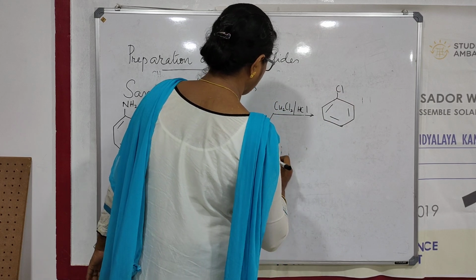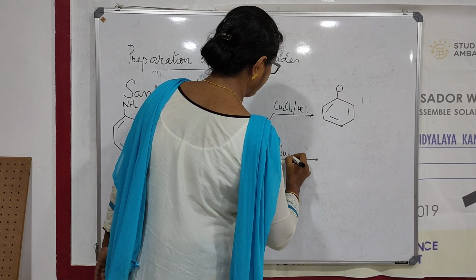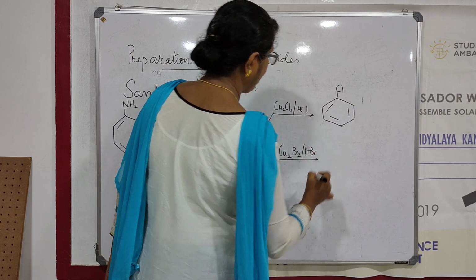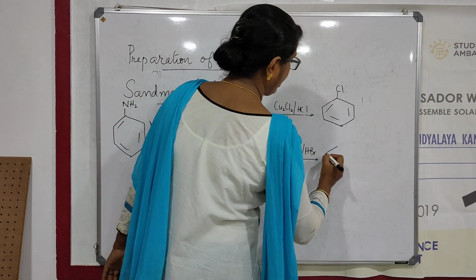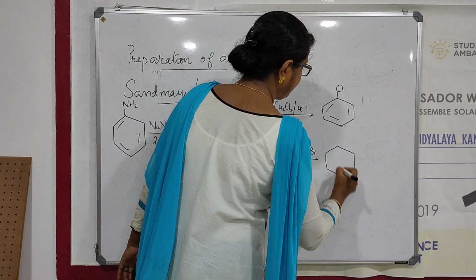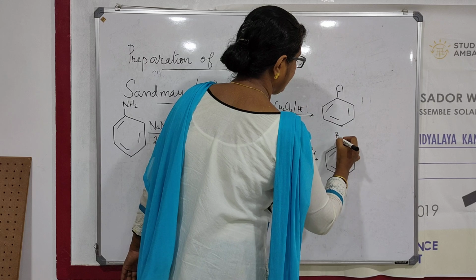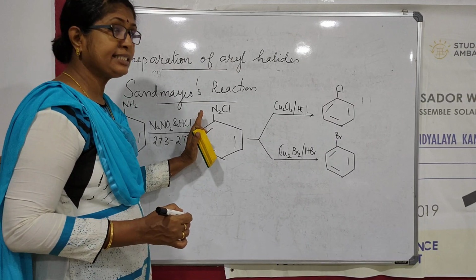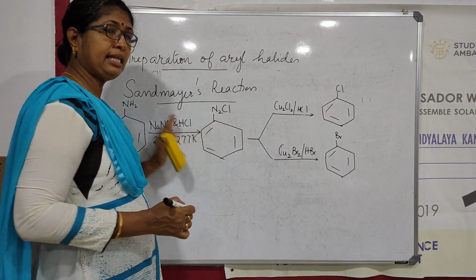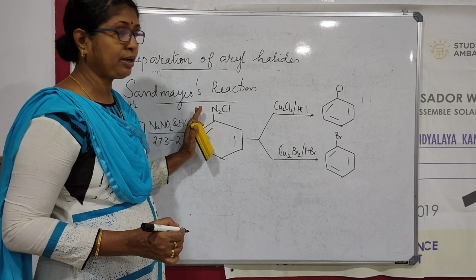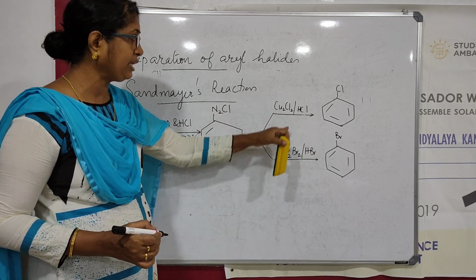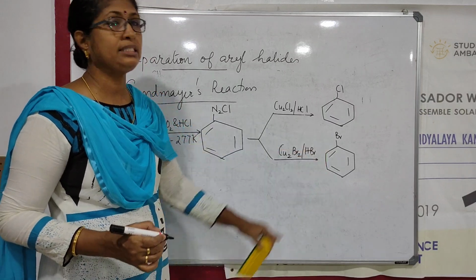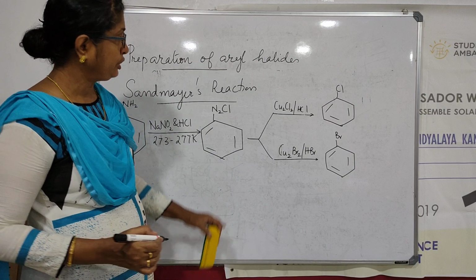And if it is treated with Cu2Br2 and HBr, that is copper(I) bromide and HBr, you will get bromobenzene. Understood? So the Sandmeyer reaction starts only from here. Benzene diazonium chloride treated with copper(I) chloride and HCl gives chlorobenzene; copper(I) bromide and HBr gives bromobenzene. So this is another method.